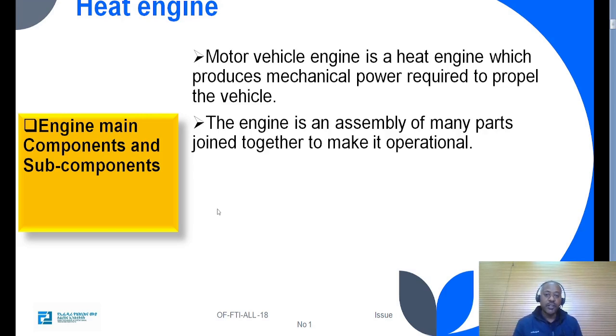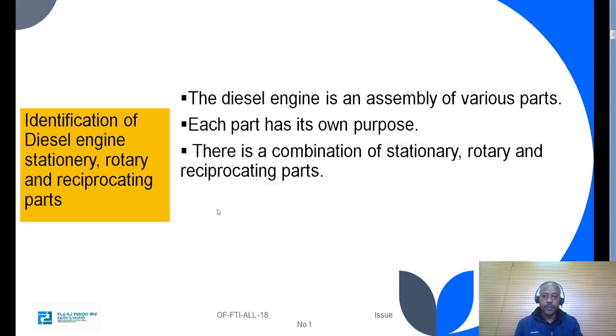Motor vehicle engine is a heat engine which produces mechanical power required to propel the vehicle. The engine is an assembly of many parts joined together to make it operational.